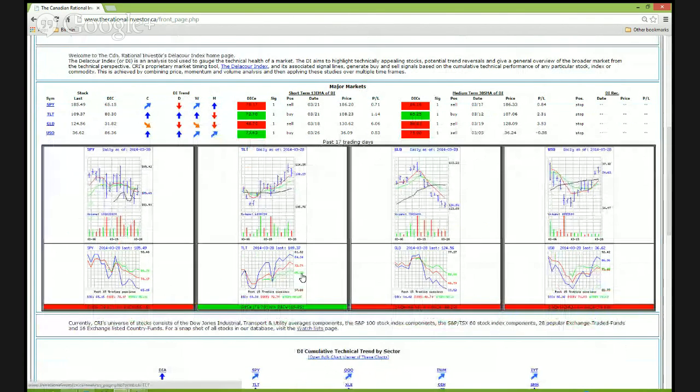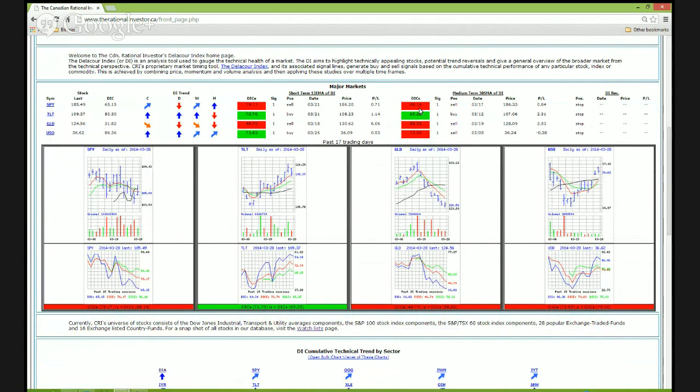It's based on 9 different technical indicators, a cumulative score of the technical indicators over the daily, weekly, and monthly price charts. The cumulative technical score is plotted, and then I plot 2 moving averages on the technical score.